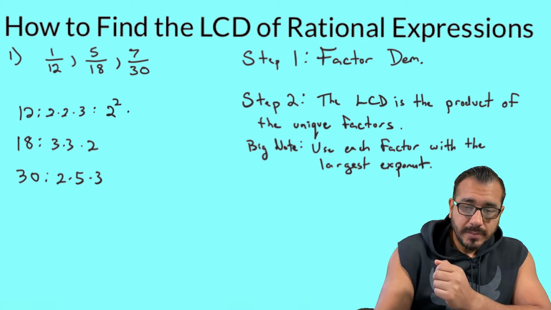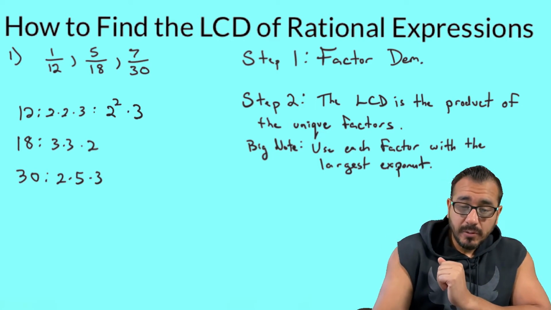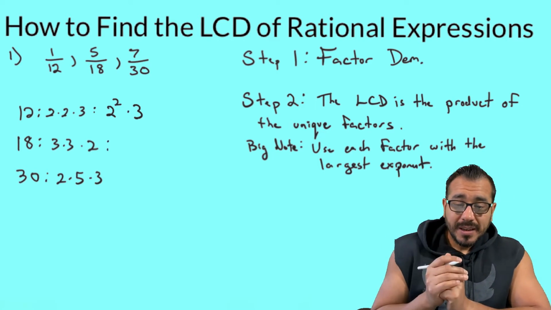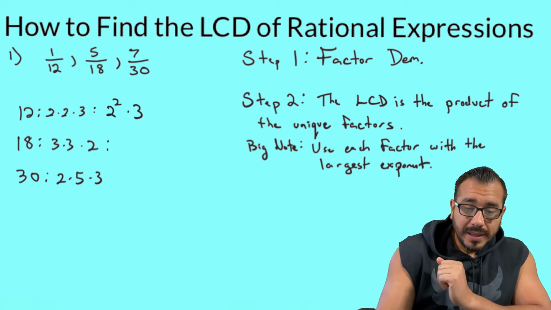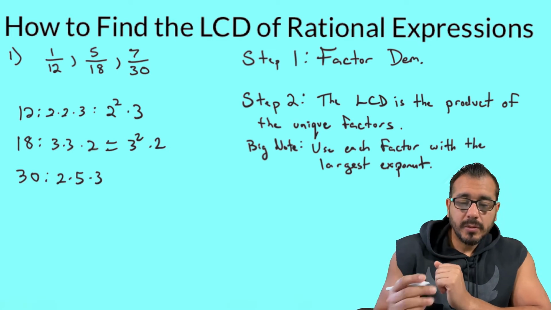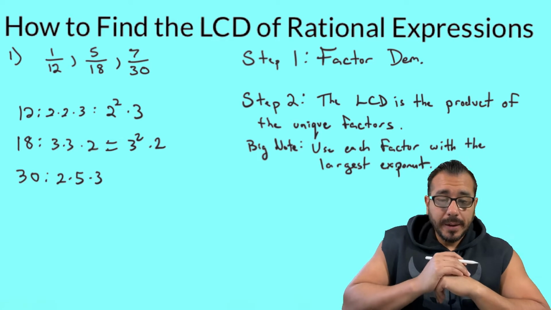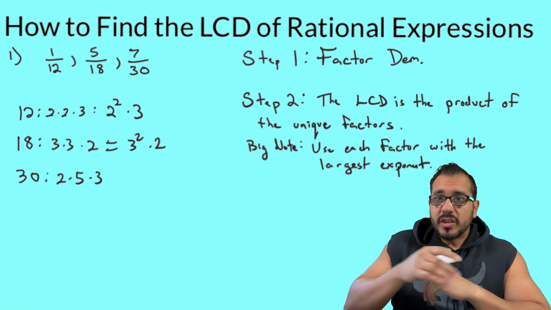So that's 2 squared times 3. Here, for the second one, you have 2 copies of that 3, so we write 3 squared times 2. And this one we don't have to rewrite, because we didn't have multiple copies. Big note, make sure you got that down.